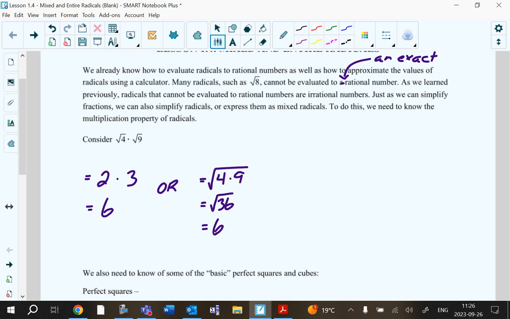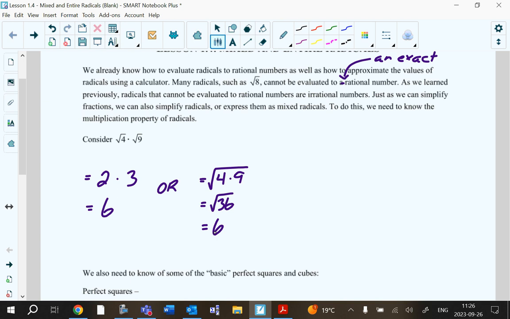So whenever you multiply two square roots together, you can multiply them into a single square root by multiplying the numbers underneath. You can do the same thing with cube roots, fourth roots, etc., but they have to be the same roots. You can't multiply a square root by a cube root.